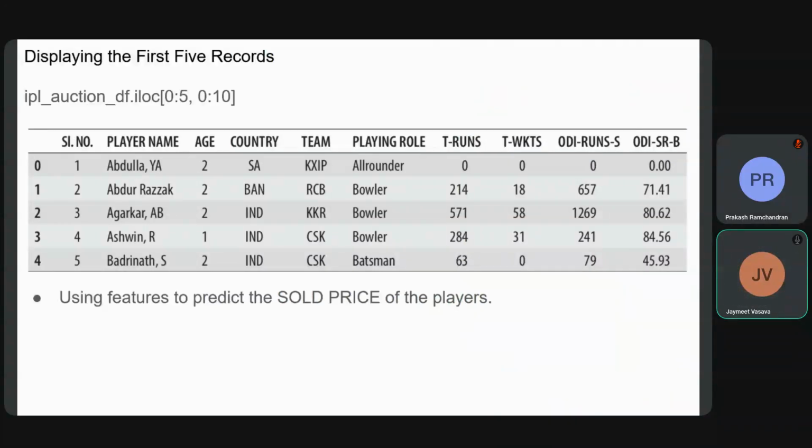These are the first few records of the data set for the first 10 columns. Using these features from player name and other columns included, we'll be trying to predict the selling price of the players, and we'll be saving those into the sold price.